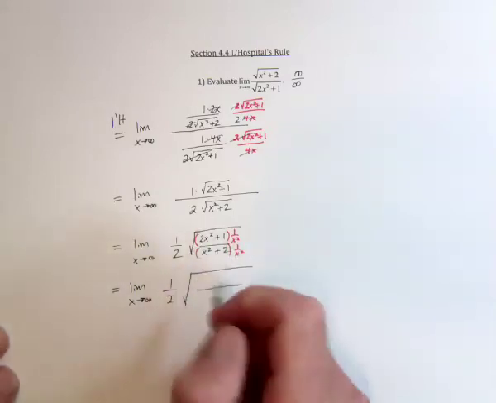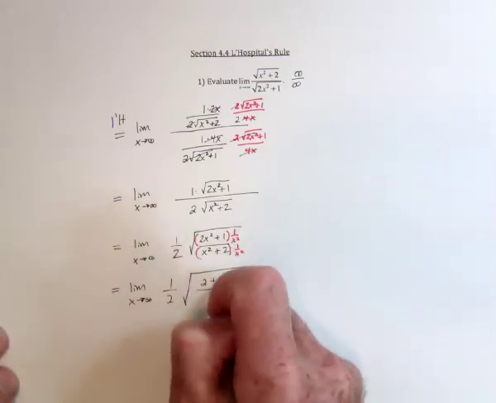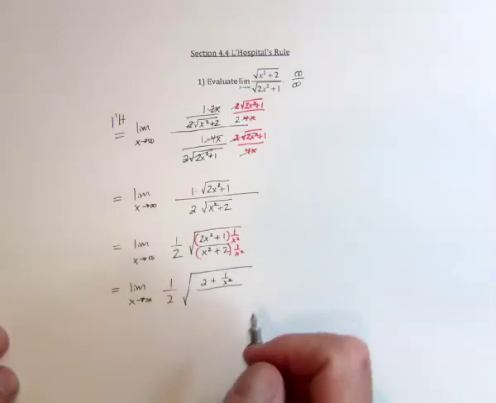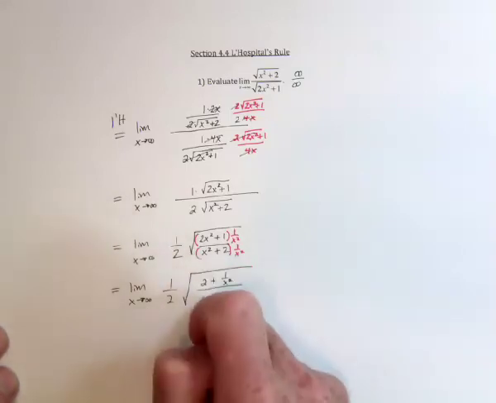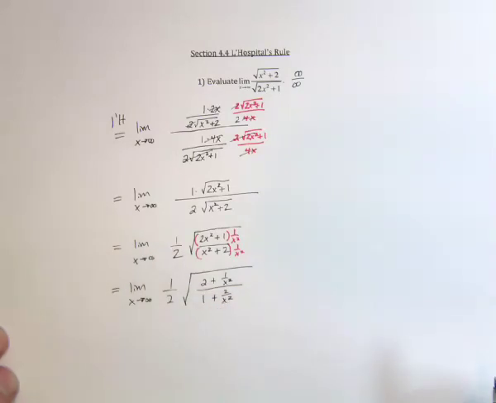So this would cancel the x squared, leaving only a 2. And then distribute, so it's going to be 1 over x squared. And then distribute, it's going to be a 1. And then 2 over x squared. And now let x go to infinity.